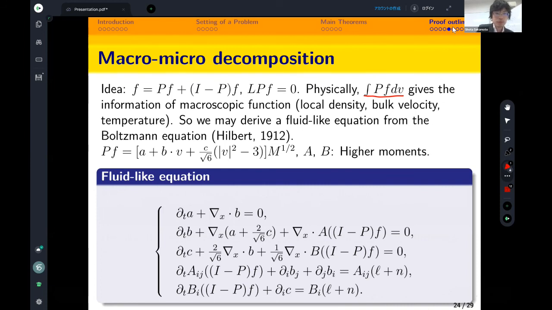Now, PF can be written in this way. Here, A, B, C are functions of t and x.